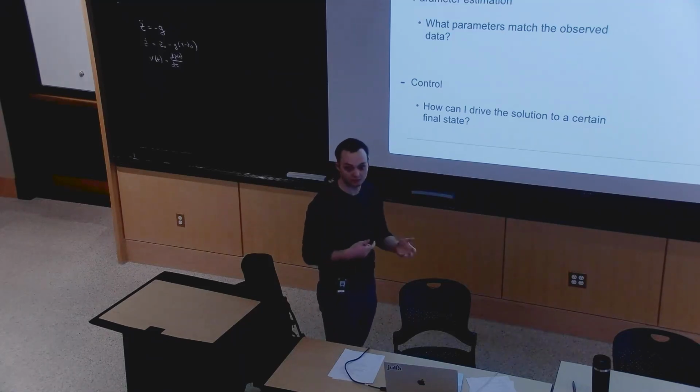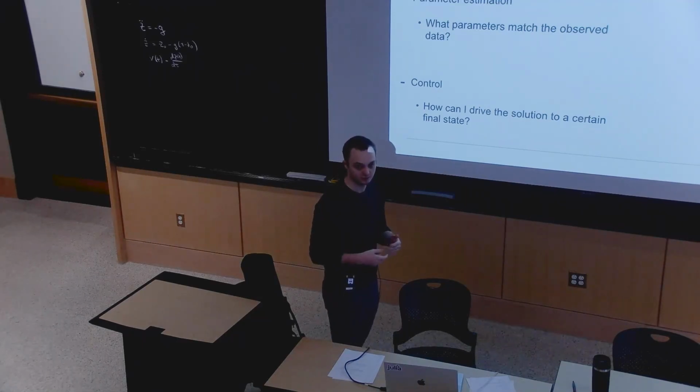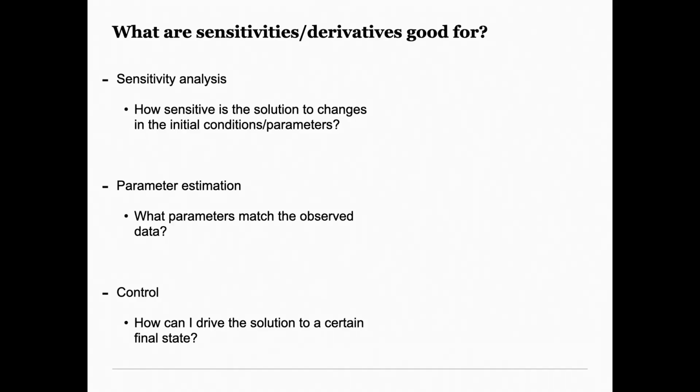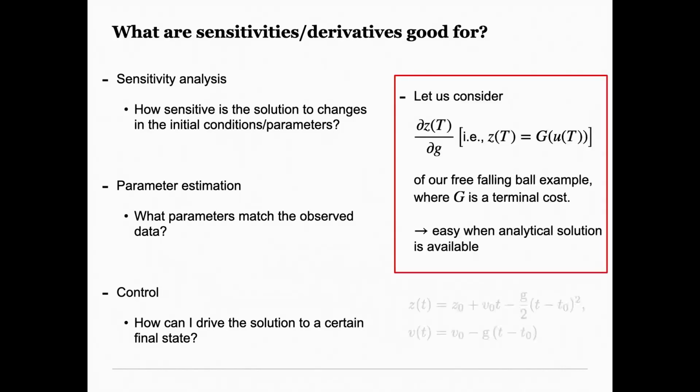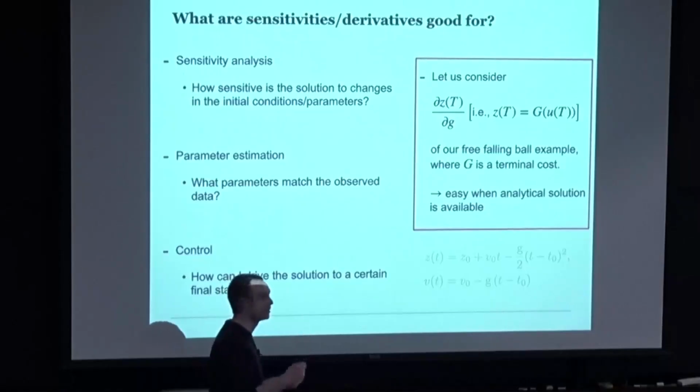But we can also use the gradient of these ODEs to do more fancy stuff, as Stephen mentioned, like parameter estimation in chemical reaction networks or so, or like control for whatever physical system or chemical system you have at hand. So once again, for the free-falling particle, it might be the task that we have some terminal cost or so. That could be this g of u at the final time. And we're interested in maybe saying how the height changes with respect to the gravitational constant.